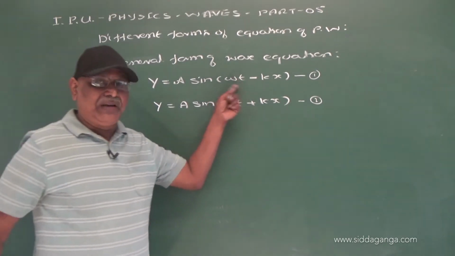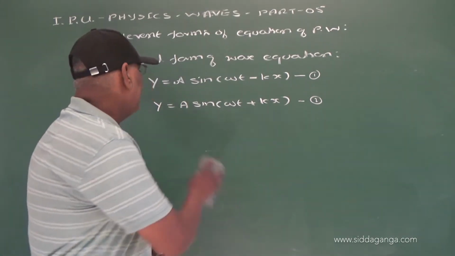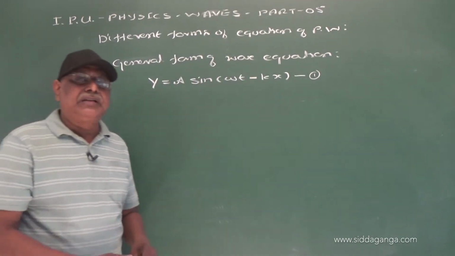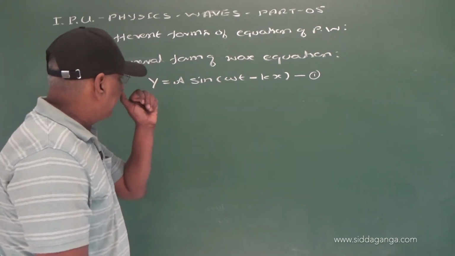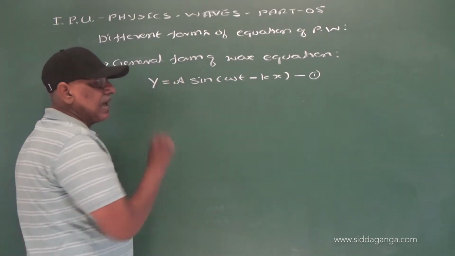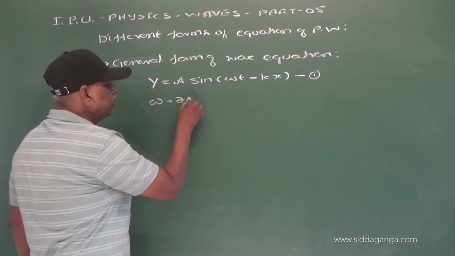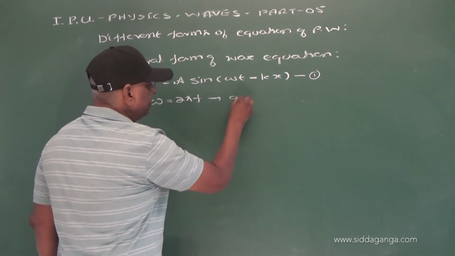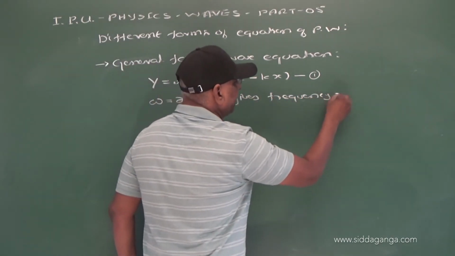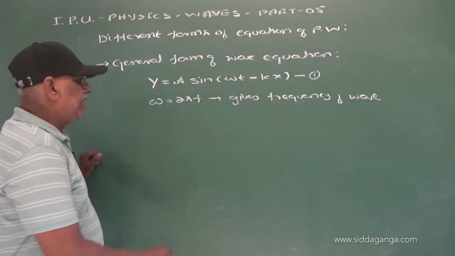So these two waves are traveling exactly in opposite direction. But for general consideration, for a single wave, we take the wave as propagating along positive x direction. Now we see that equation here. We know that A is amplitude. Omega is equal to 2 pi f, which gives the frequency of the wave.